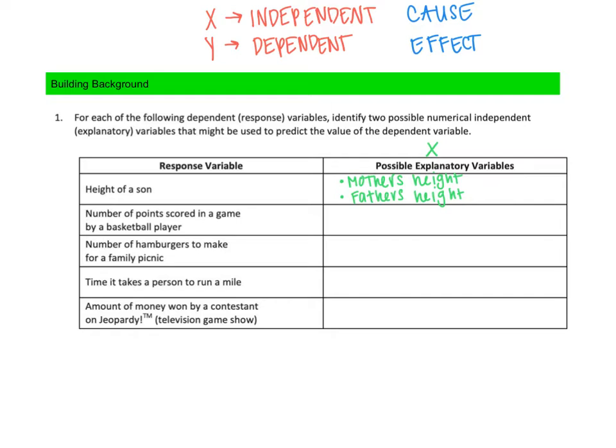Okay? Number 2, or row 2. The number of points scored in a game by a basketball player. What might influence that? What might be the cause of that? Well, I would say the height of a basketball player. That's one thing that influences that. Usually the taller a player is, the more baskets they can score.